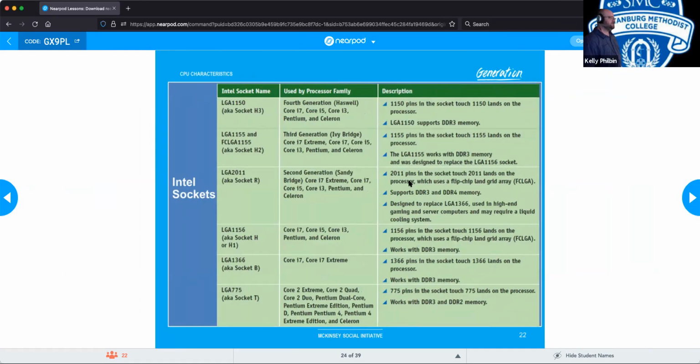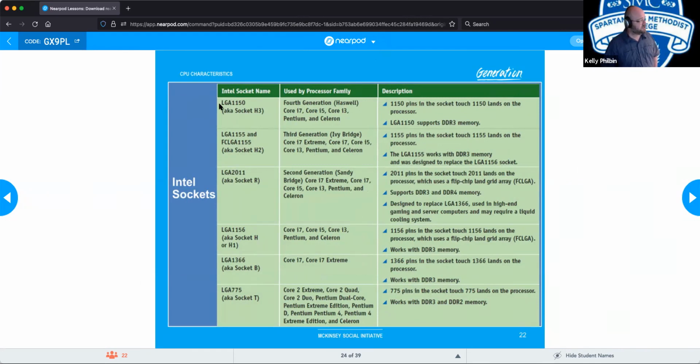All right. Here is a layout of the socket types that they would have on motherboards. Again, we don't need to memorize all this, but we need to understand the naming style. Intel is land grid array. We know that because it's smooth.